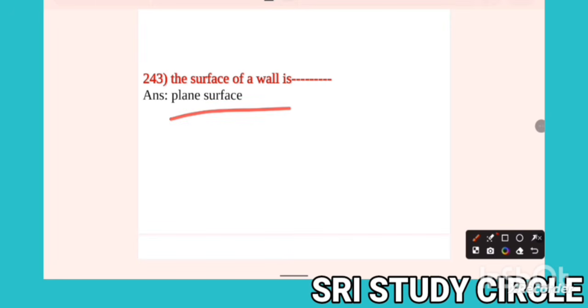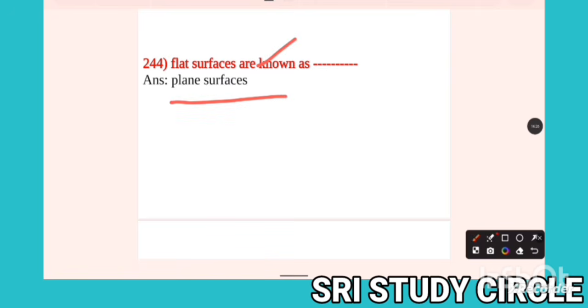Plane. Okay. Flat surfaces are known as plane surfaces. For example, the floor of a room.